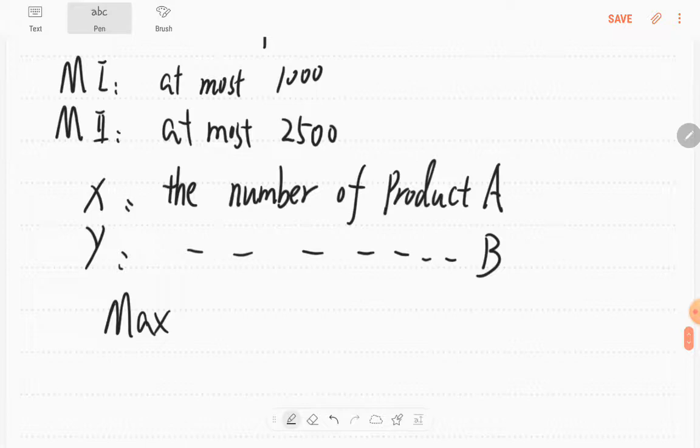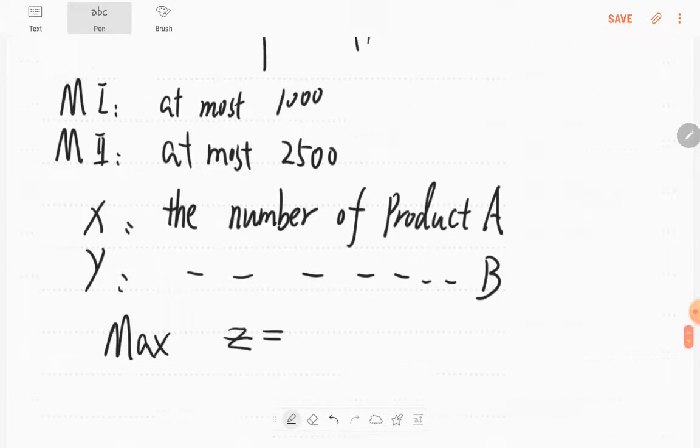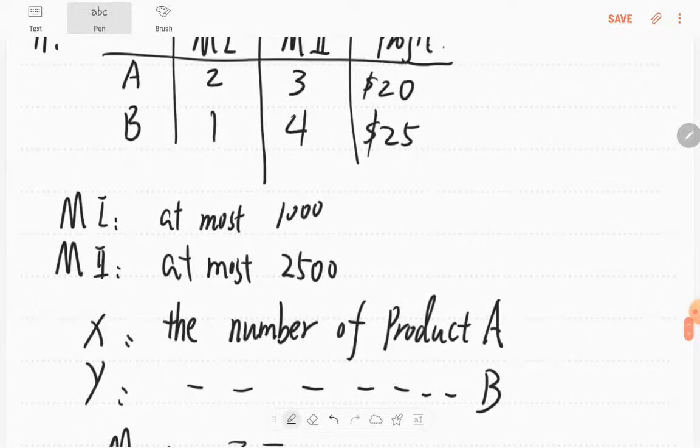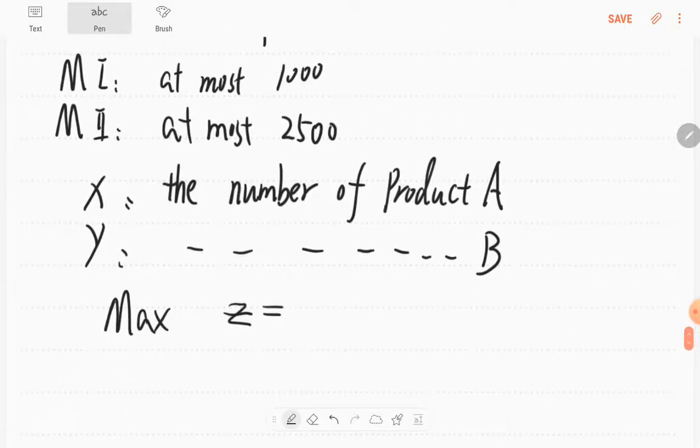The profit. So we use z to represent profit. Each A is 20 and each B is 25. So the total profit is z equals 20 times x plus 25 times y, right? Okay, so we want to maximize this objective function.